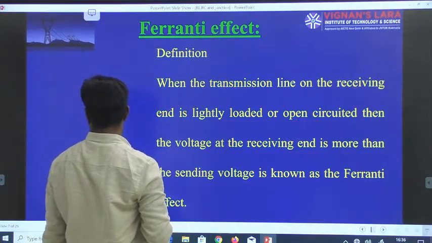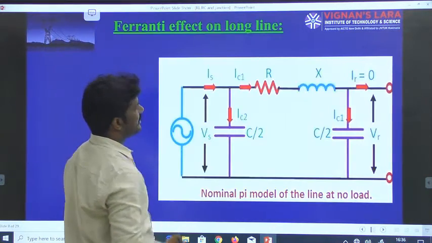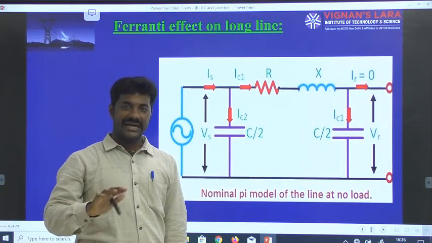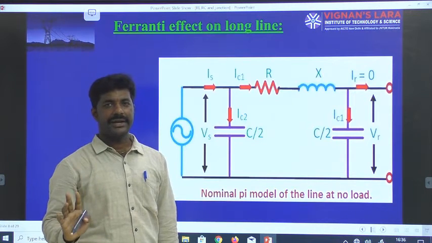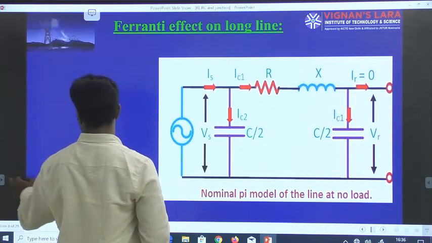So let us see why the magnitude of VR is greater than Vs whenever it is operated at a lightly loaded condition or no load condition.